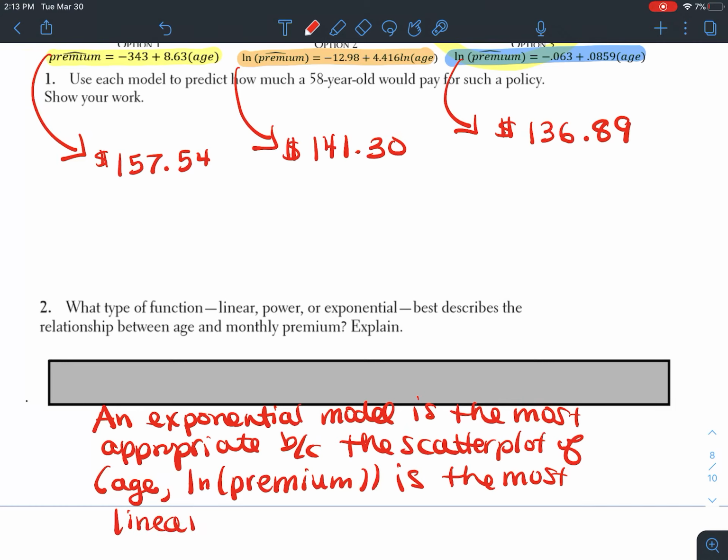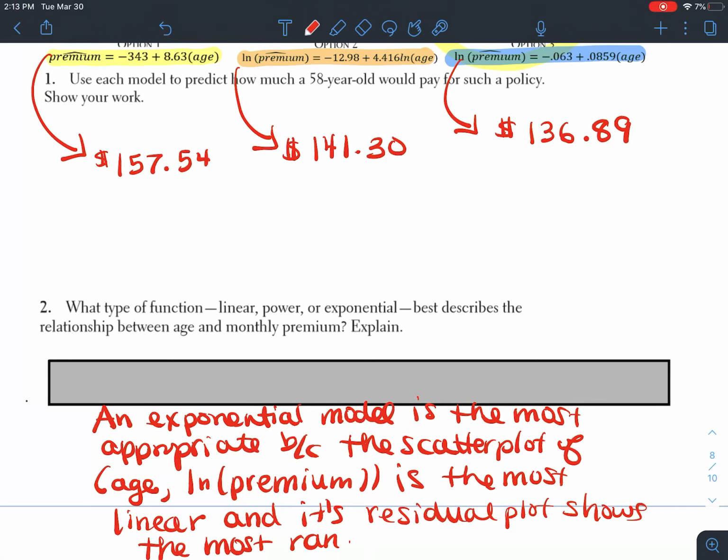Now, they both actually kind of look linear, both transformations. So I want to add this in, and its residual plot shows the most random scatter.